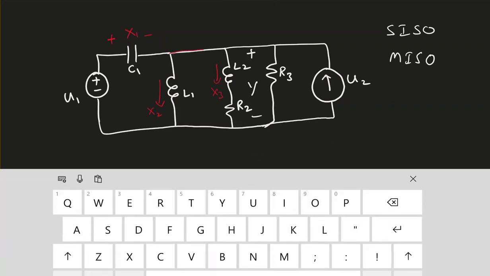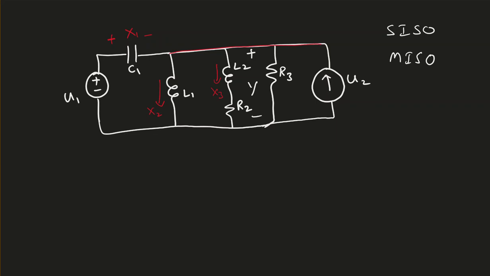So what I'm going to do here, I have the output. This is a single node, and that's the voltage Y. We are going to take this as ground. So I can say my X1 is simply equal to U1 minus Y. I always talk about this example: here is VA, here is VB, so this is VAB, and VAB equals VA minus VB.